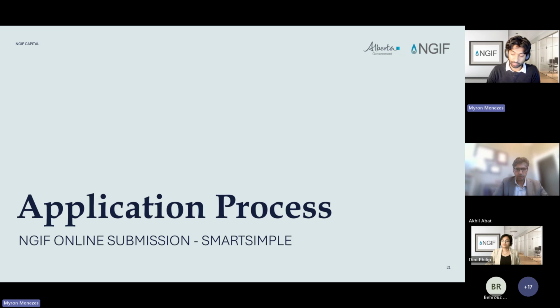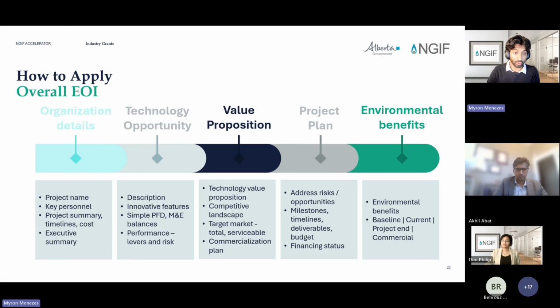In terms of the application process, the meat of the application is the expression of interest template and comprises of 5 sections. The first is the organization details or high-level information on the organization and the project team. The second is the technology that alludes to how innovative your technology is and what stage and TRL they're at currently.